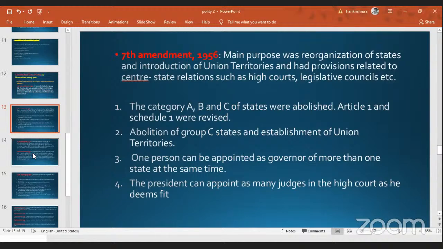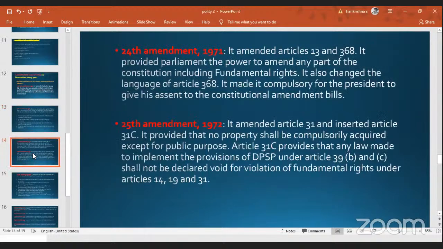The next is the 25th Amendment, 1972. It amended Article 31 and inserted Article 31C.